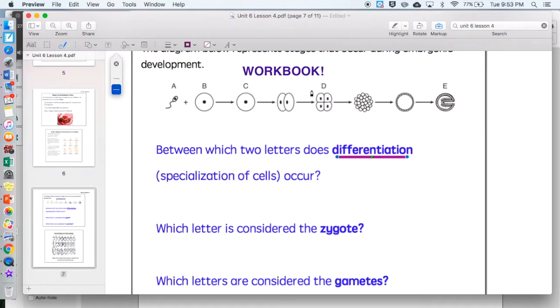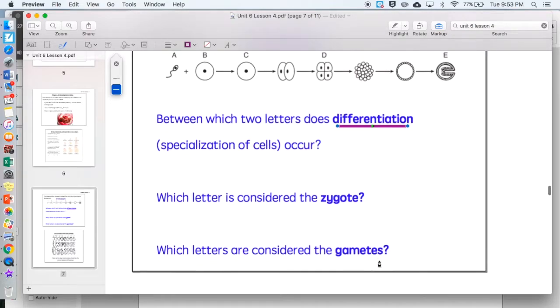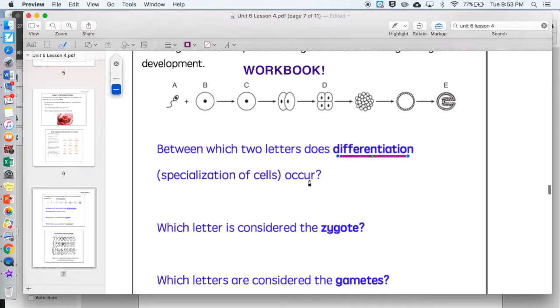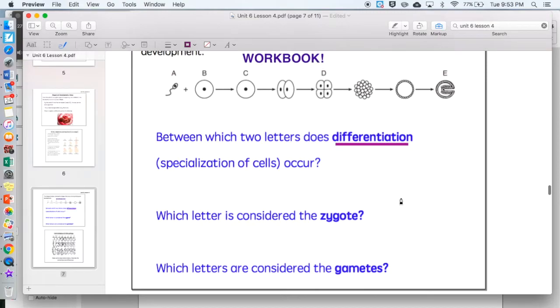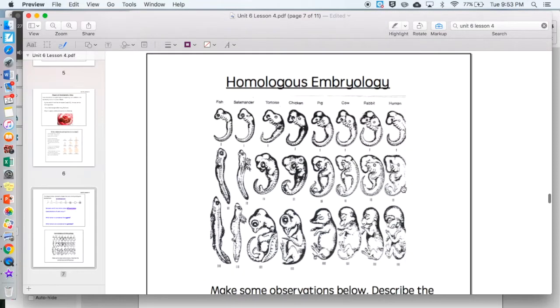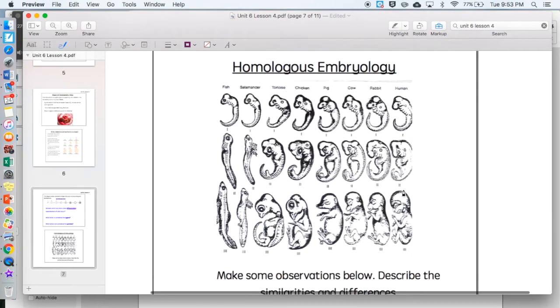Which letter is considered the zygote, A, B, C, D, or E? And which letters are considered the gametes? So you're going to have 2 answers for this one. A and B, B and C, C and D, or D and E. Answer those in your workbook. We'll go over those together tomorrow.